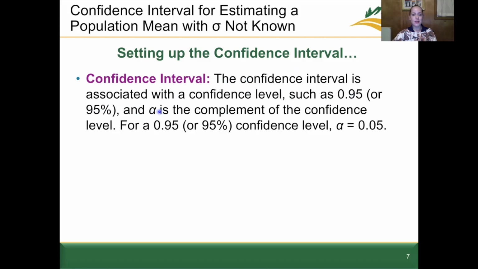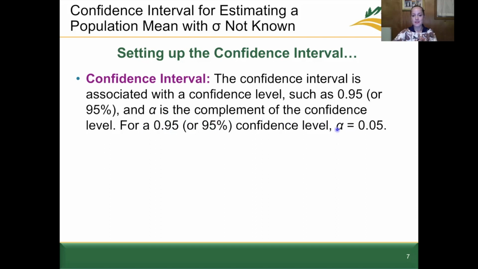We can do so because alpha and this confidence level are complements of one another, so they add up to 1. For a 0.95 or 95% confidence level, 1 minus the decimal form is equal to an alpha of 0.05.